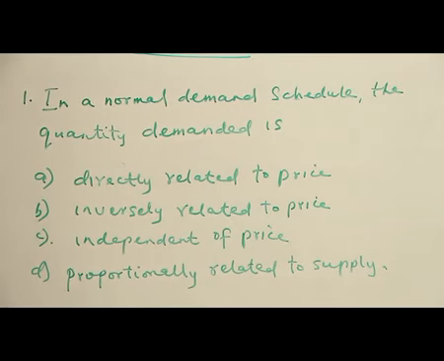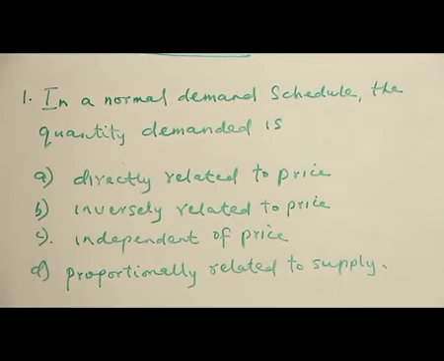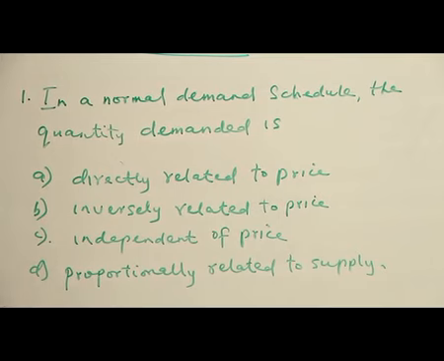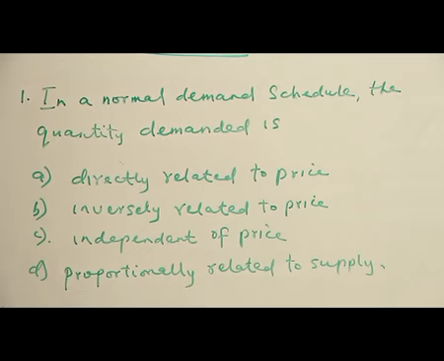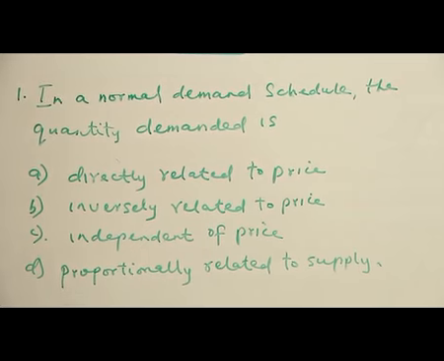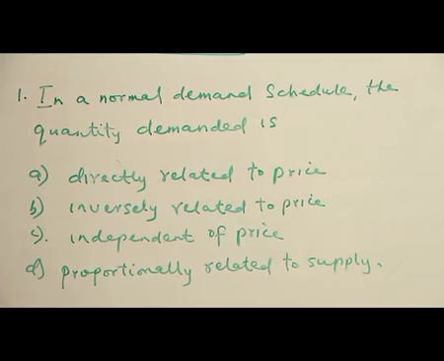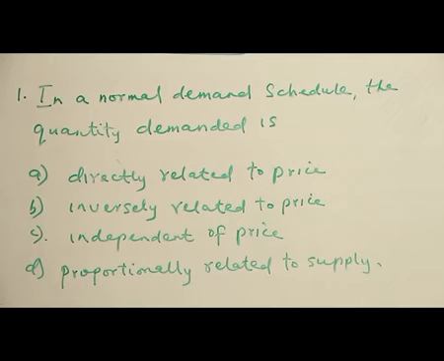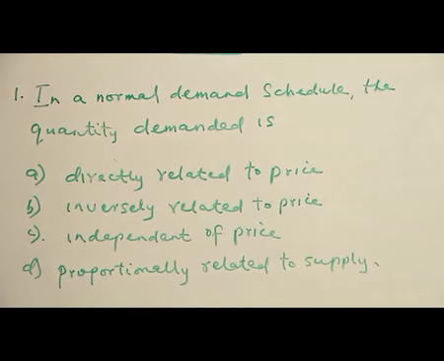A cannot be, because we have said the lower the price, the higher the quantity demanded. So it's not direct; that one is talking about negative, inverse. C, independent of price, is not right, because demand is a function of price. So demand depends on price. Then D, proportionally related to supply. We're talking about demand here, but not supply. So the right answer is B, inversely related to price.